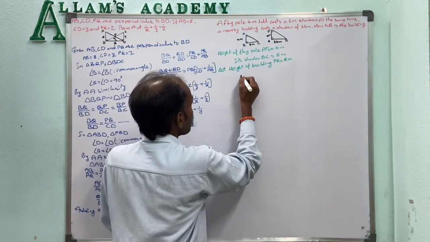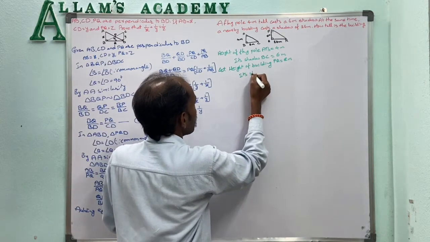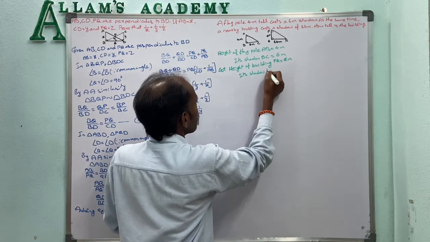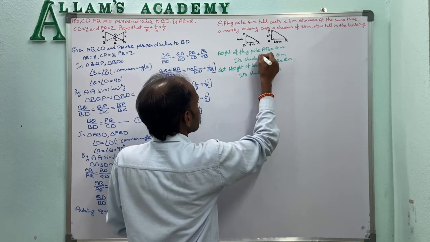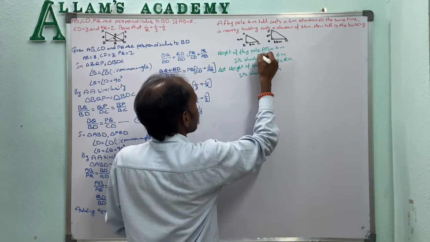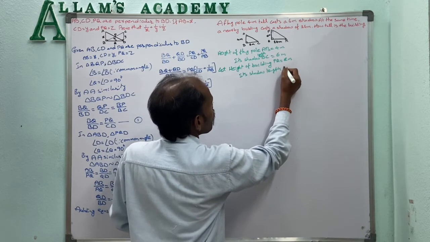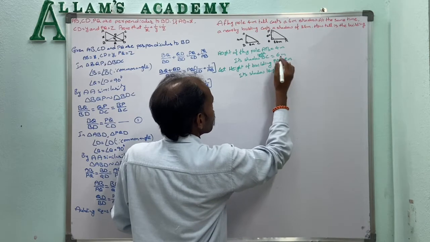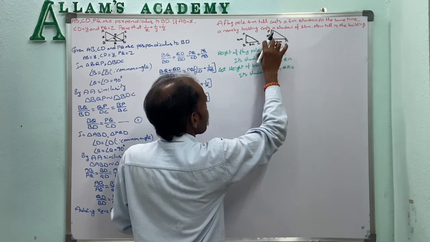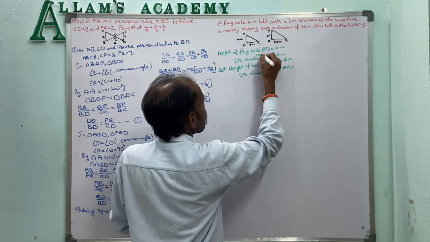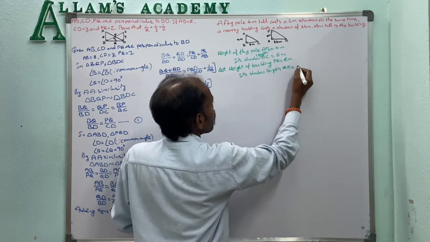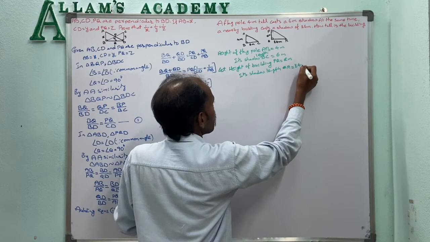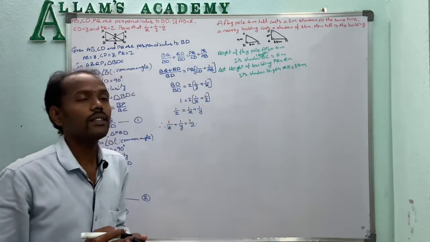Its shadow length QR equal to 24 meters.